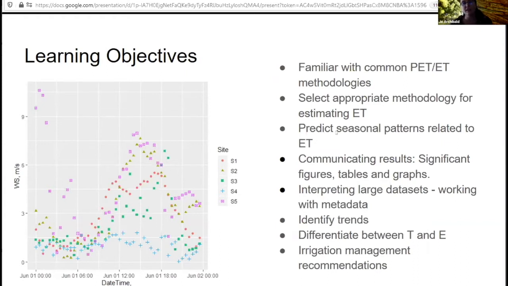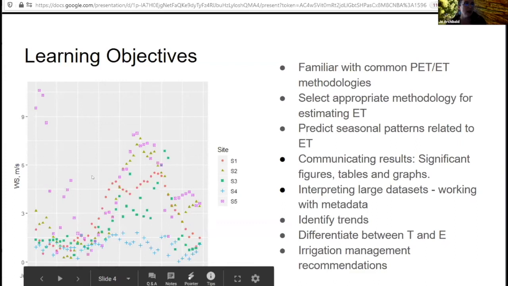There are so many methodologies out there for estimating evapotranspiration. Can they predict what should happen seasonally and in different climate scenarios? We also focus a little bit on how students are communicating their results, presenting their graphs and their results with appropriate significant figures.